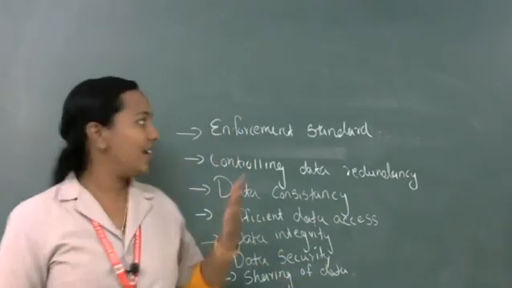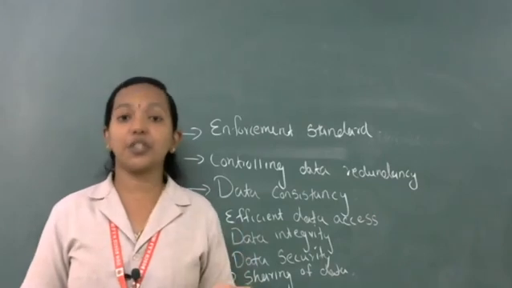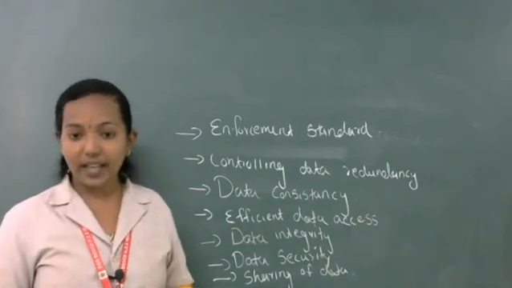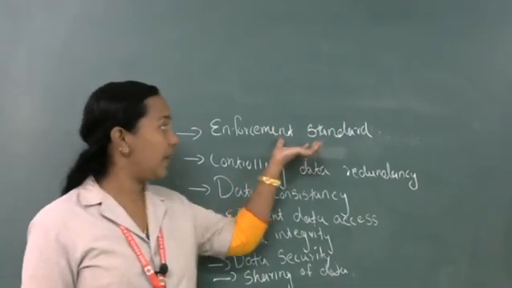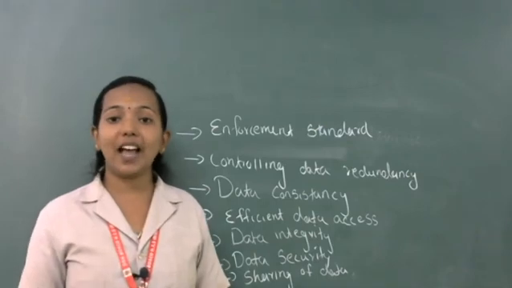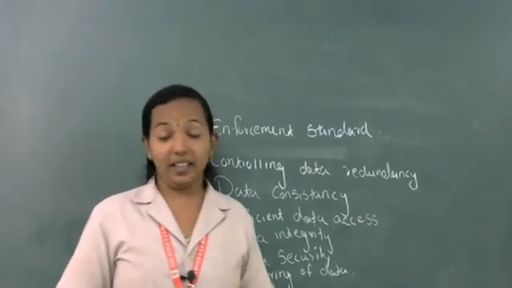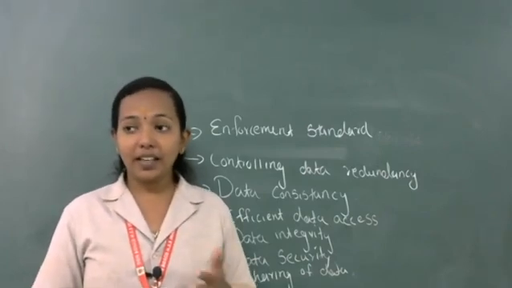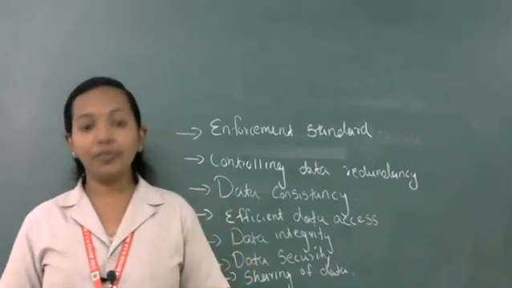Some kinds of standard features or measurements also we can include in the database. Always maintaining standards for data insertion and also data retrieval. Okay, clear? So that is enforcement of standards.